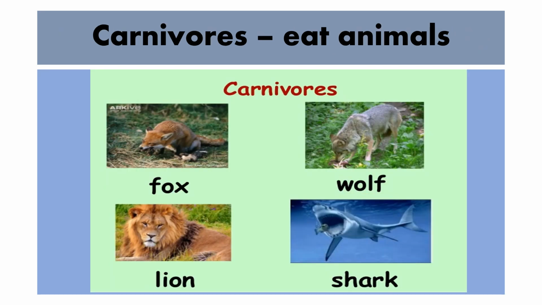Okay, remember carnivores eat animals only. You can see a few examples of animals that eat animals only. Here are fox, wolf, lion, and also shark. Remember, carnivore is an animal that eats animals only.